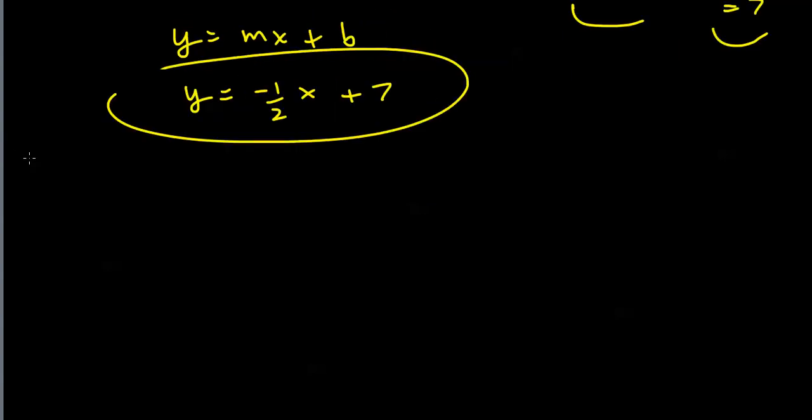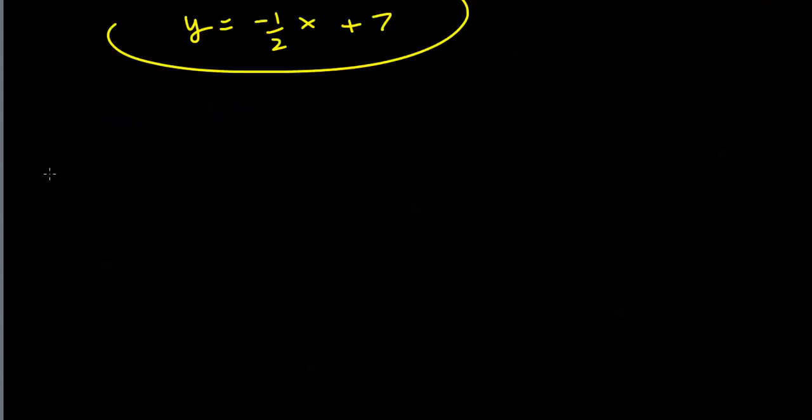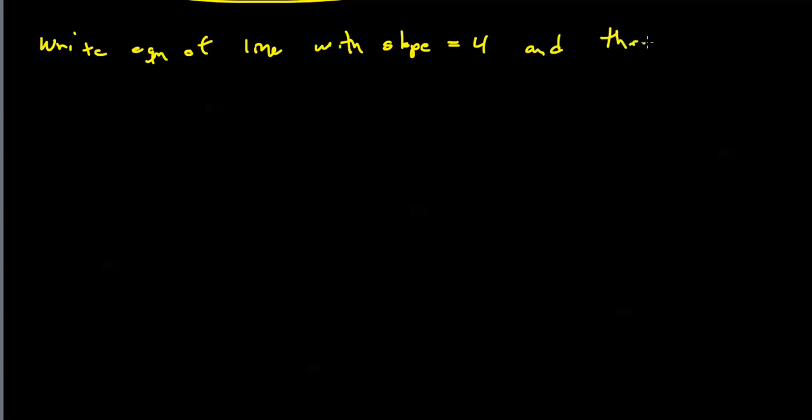Alright, let's go up the ladder and try to tackle something a little harder. Write the equation of a line with slope equal to 4 and through a known point, (5, 9).